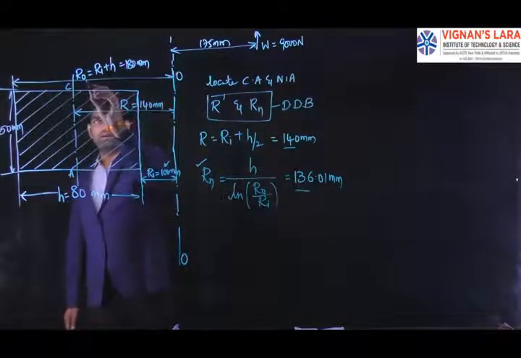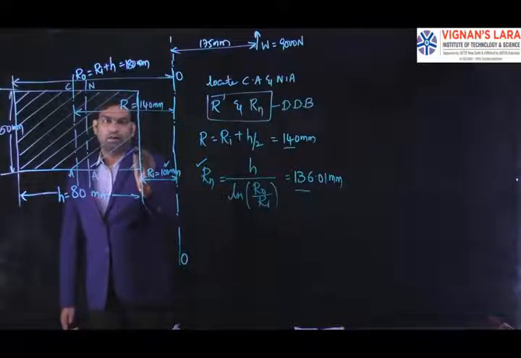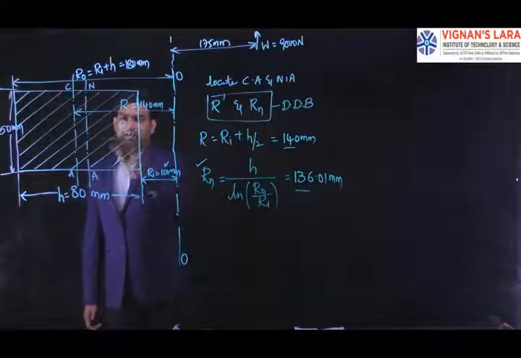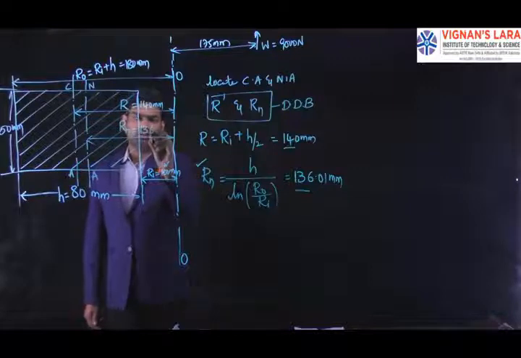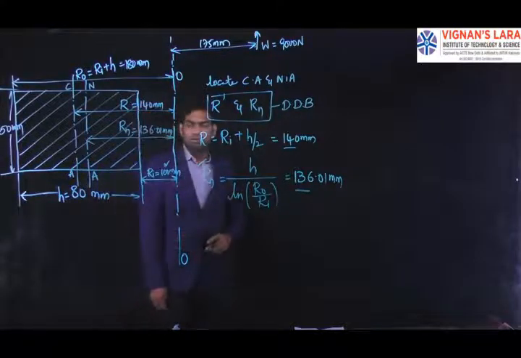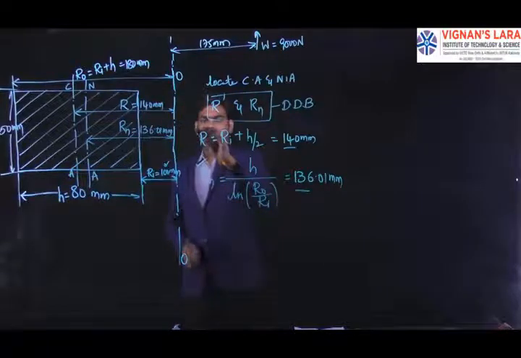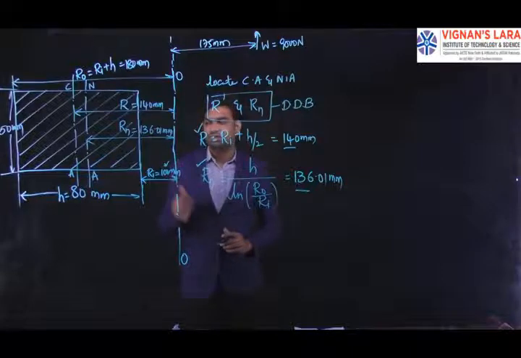Immediately you can locate the neutral axis in the diagram. The neutral axis is denoted by Na, and we can also indicate the value of Rn here. So Rn equal to 136.01 mm. Clear? After finding the centroidal axis and neutral axis with respect to the center of curvature line, we can find the offset distance, small e.